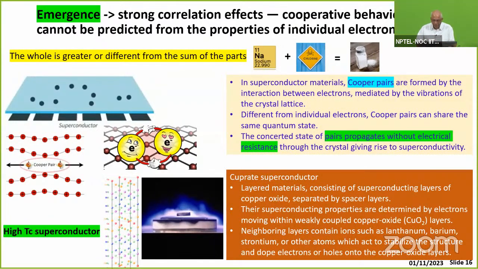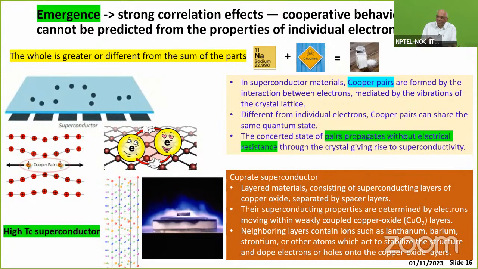The neighboring layers contain ions such as lanthanum, barium, strontium, and other atoms, which inject electrons or holes onto the copper oxide layers, which then form the Cooper pairs, not mediated by phonon vibrations as in regular superconductors. So the correlation effect is in the cuprous oxide doped with lanthanum or strontium or whatever. It's a very complex interaction.